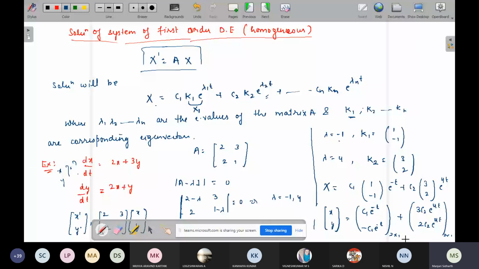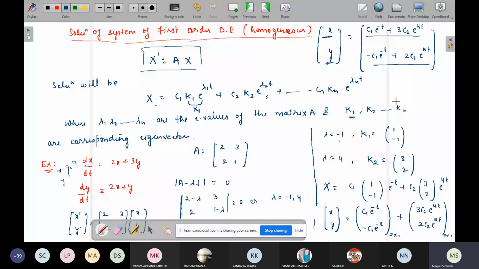That means c1 e power minus t plus 3c2 e power 4t, minus c1 e power minus t plus 2c2 e power 4t, this is equal to (x, y). Now comparing this, x is equal to this and y is equal to this.